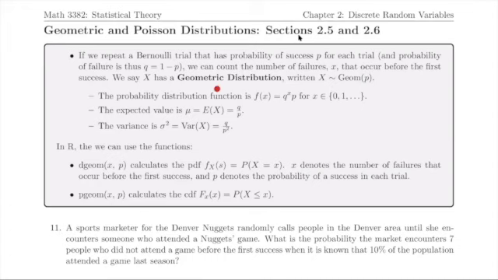So with a geometric distribution, what we're counting here is how many failures it took before I get my very first success. So rather than saying how likely are we to get this many successes, we're saying, if I'm repeating the same trial over and over again, how likely am I to get 3 failures before I get my very first success?